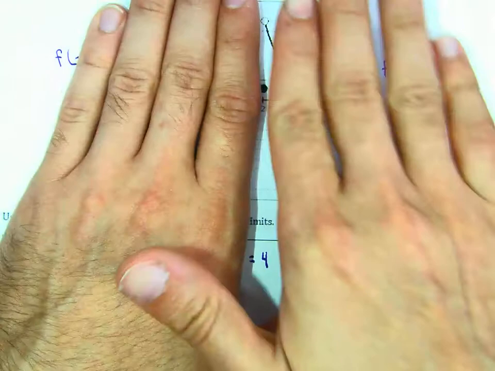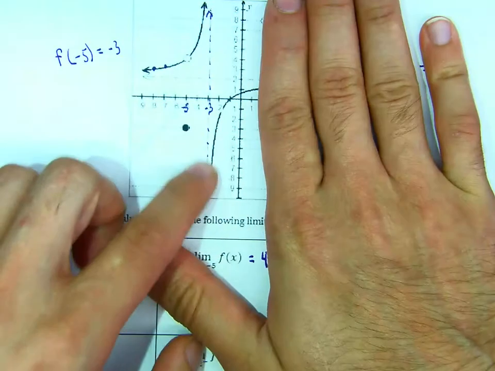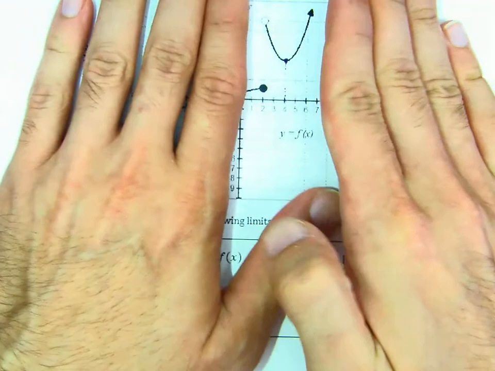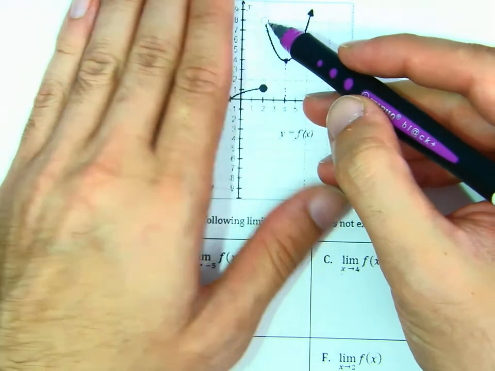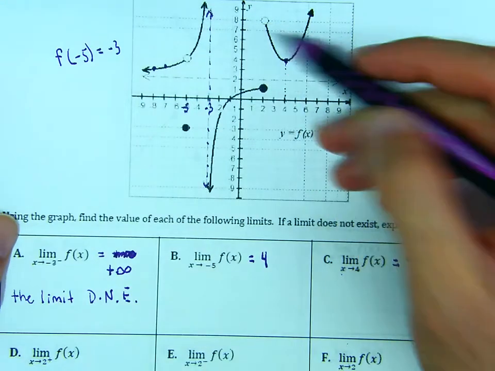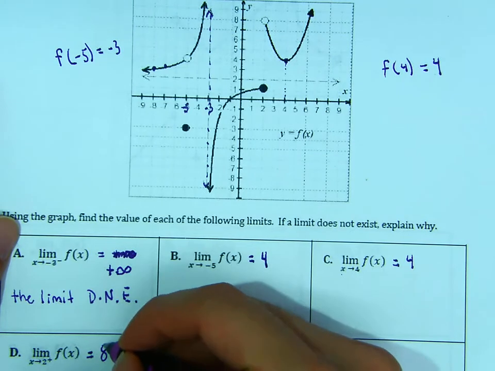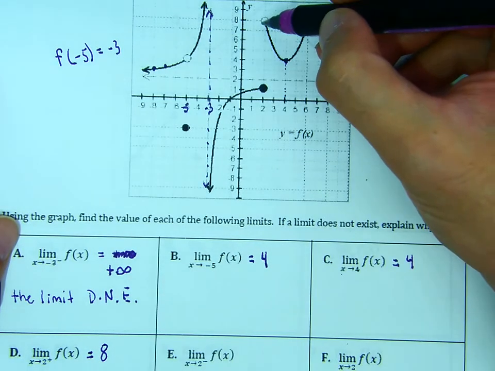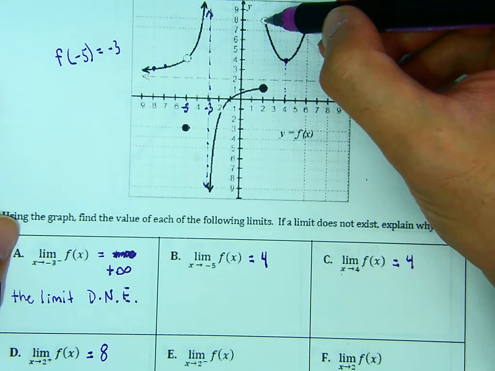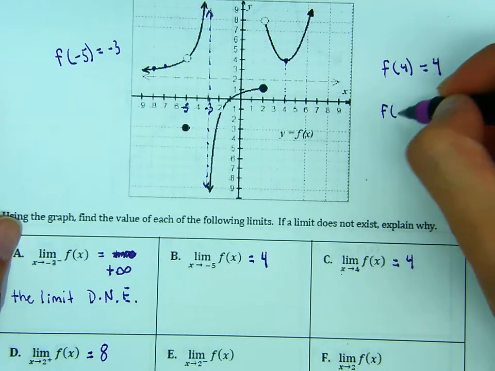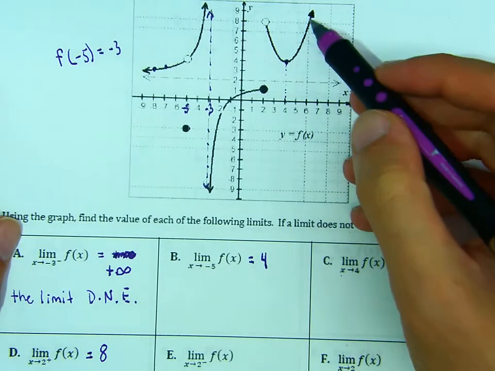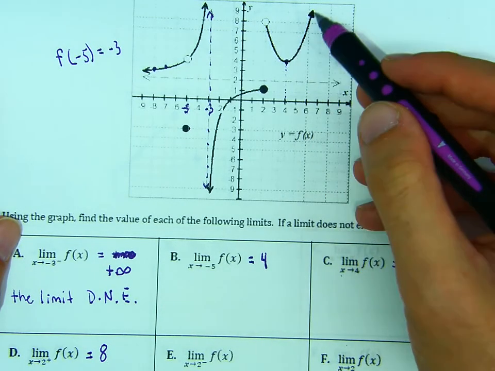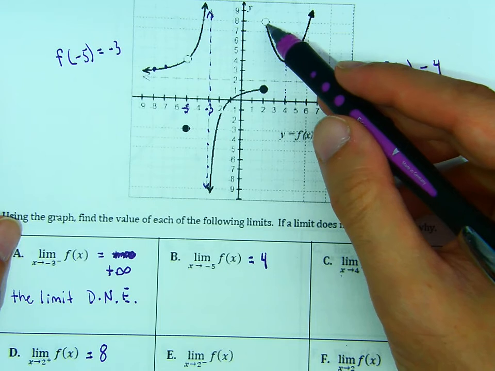If the question said what's coming from the left, then we look at this part over here. So notice from the right, what is it getting close to? It's getting close to 8. And it doesn't matter that there's an open circle over here, because the question is not what is f of 2. That's not what the question is saying. It's saying what is it getting close to? It's getting close to 8 from the right.